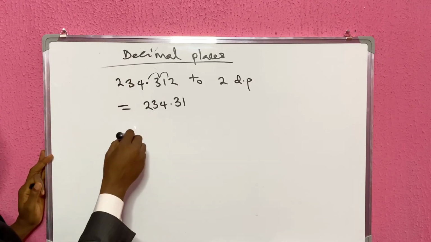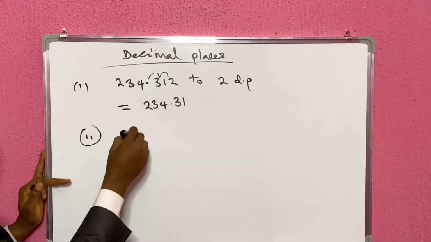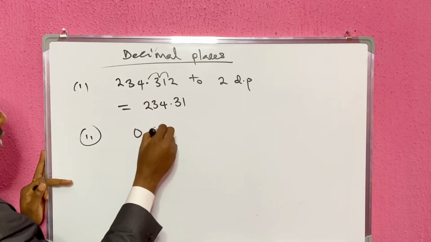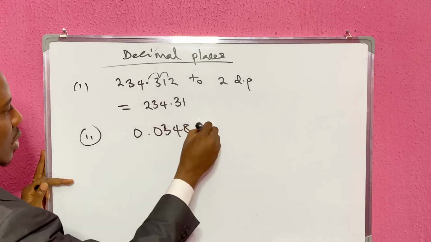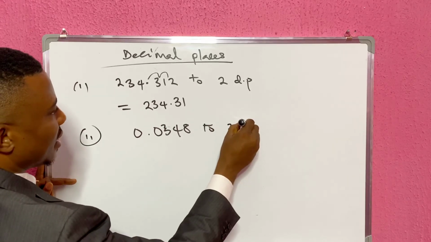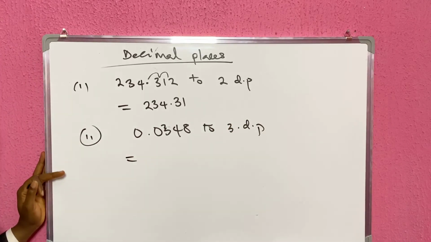If you have 0.0348 to 3 decimal places, to solve this, start from the point.